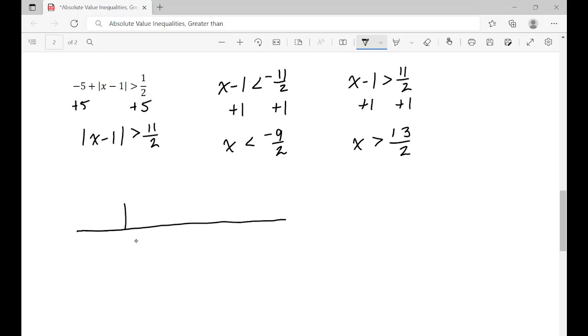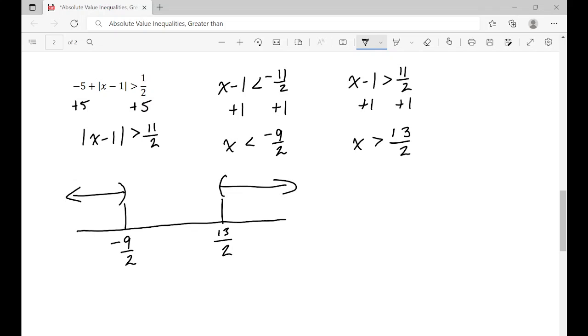So negative 9 halves goes first, and then 13 halves goes second, and since this is less than negative 9 halves, it's going to be a parenthesis going to the left forever, and this is greater than 13 halves, so again it's a parenthesis going to the right forever.